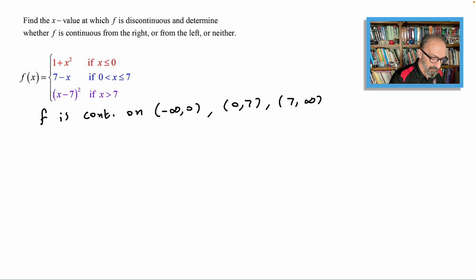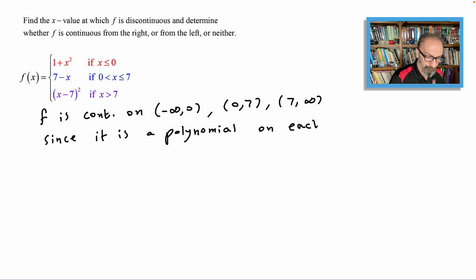The reason why, since it is a polynomial on each of these intervals.